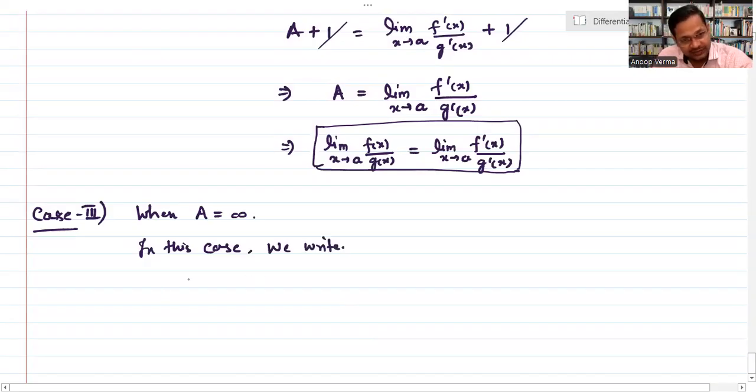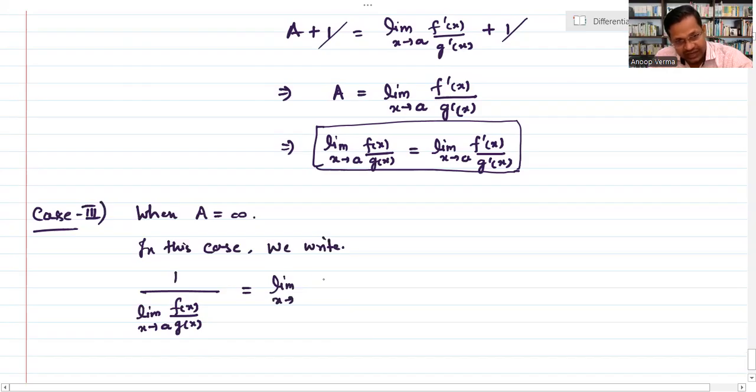So if you are having the limit x tending to a of f(x) upon g(x), and now it is equal to 0. If you are taking the reciprocal, you can have limit x tending to a of g(x) upon f(x).